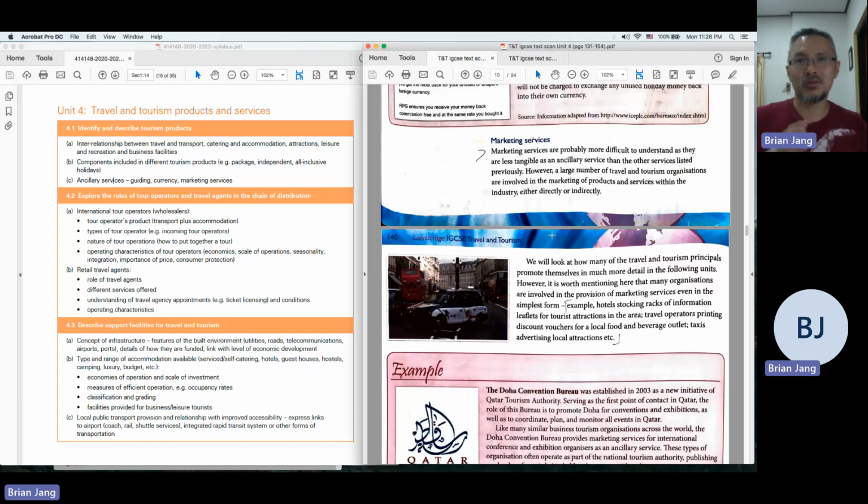And that bus will also help the other businesses out too, about what's a good place to stay since you're already on this bus. This hotel is nice, or these other places are nice to see, which our company can take you also if you're interested. So that's marketing services, kind of like a help-each-other-out kind of promotion between businesses. Okay.